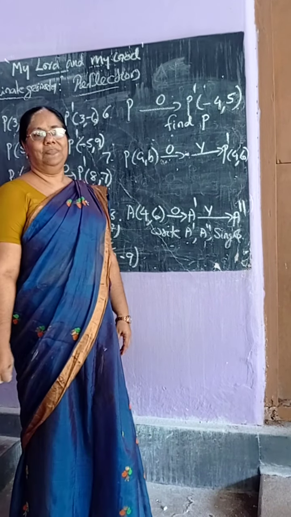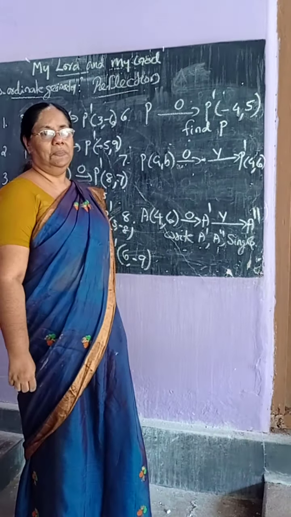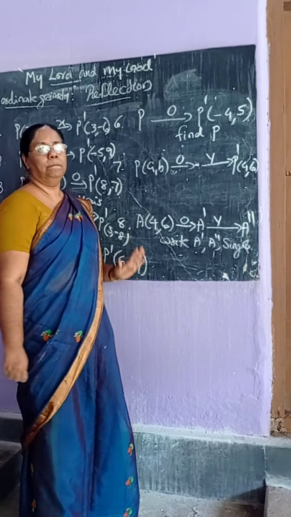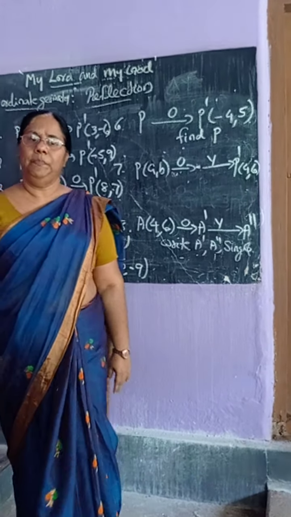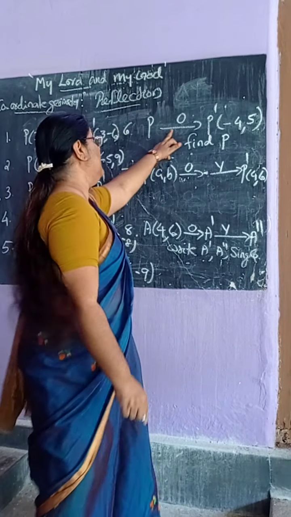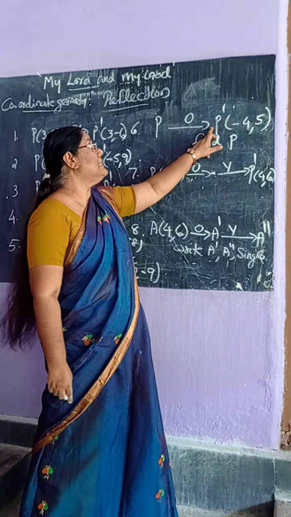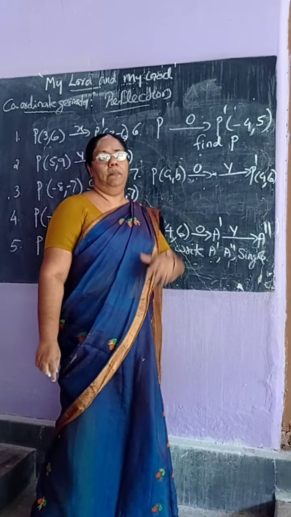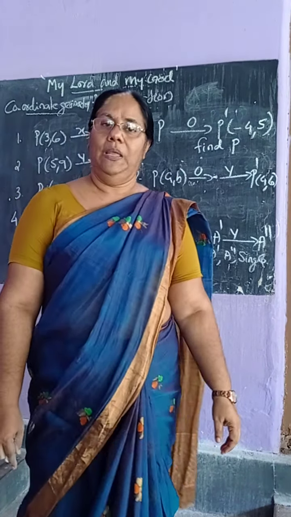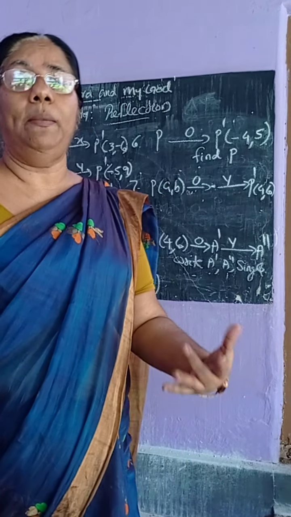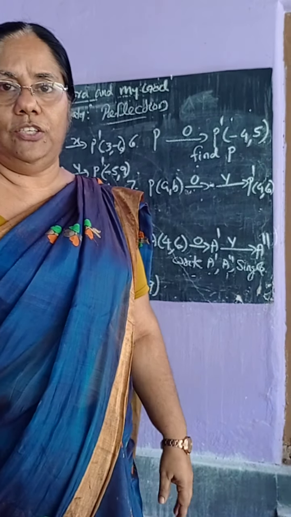Now, listen to the next type of question. A point P, when we reflect through the origin, the image is (-4, 5). My question is, find the point P, or find the original point.